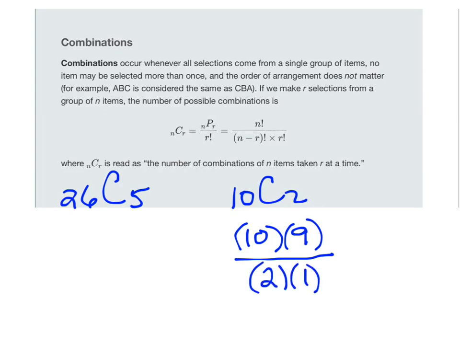Like if I picked A and B as my 2 things, then I counted A and B and B and A, and C and D and D and C, and so forth. So dividing gets rid of the double counting. For me, it's faster to just do 10 times 9 is 90, divided by 2 is 45, rather than dig out a calculator and find the permutations formula.